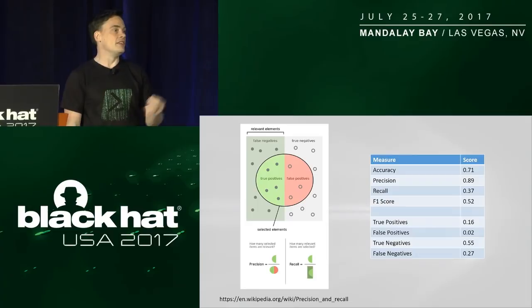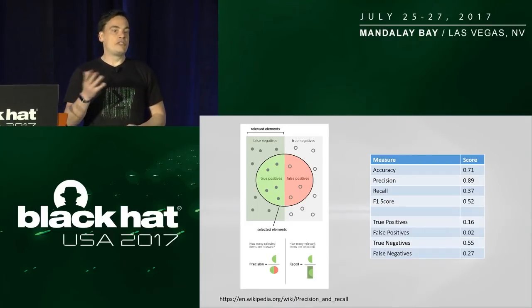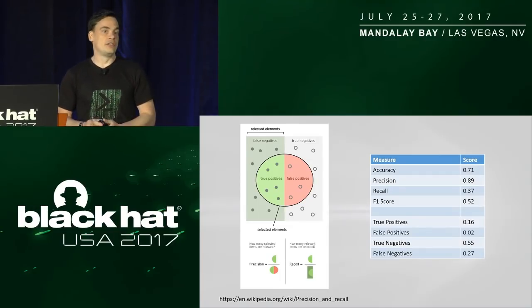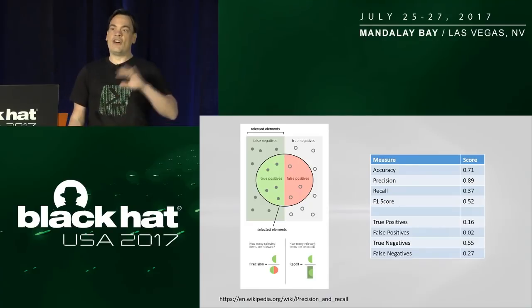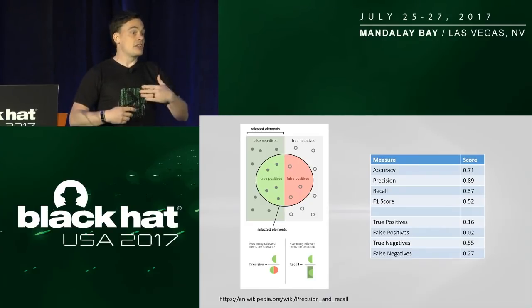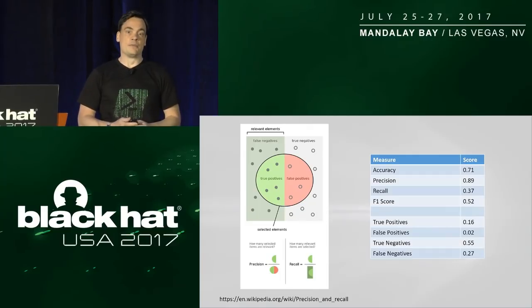Precision says when this thing had an answer, how often was it correct? Basically that's the measure of false positives. And recall says, of all the bad stuff out there, all the obfuscated stuff, how much did it actually give you back to take a look at?